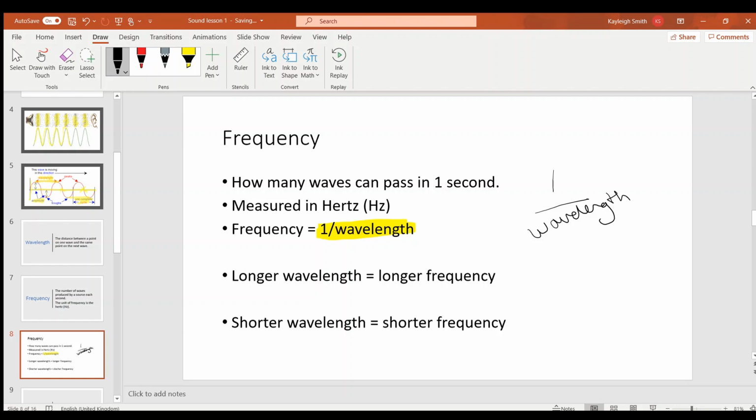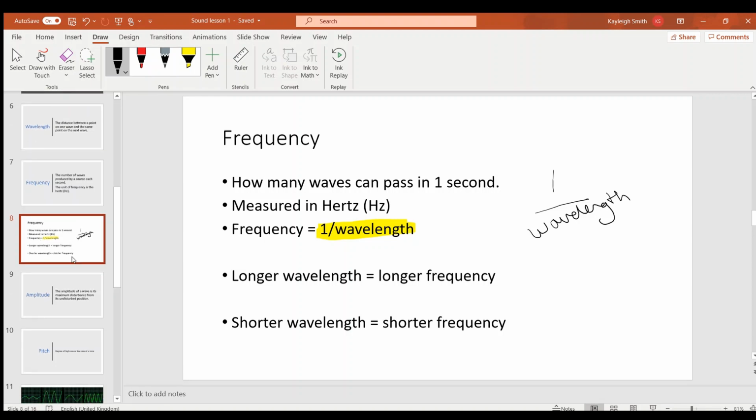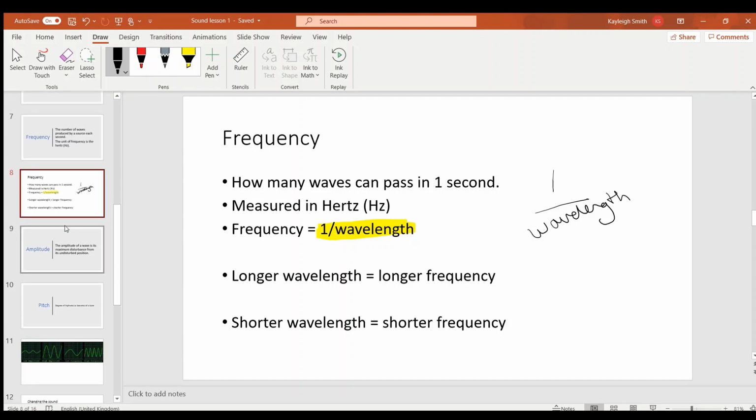And as I said before, a longer wavelength will give you a lower frequency, and a shorter wavelength will give you a higher frequency. Now remember, if at any point you find that I'm going too fast for you, you can pause the video, make your notes, and then resume.